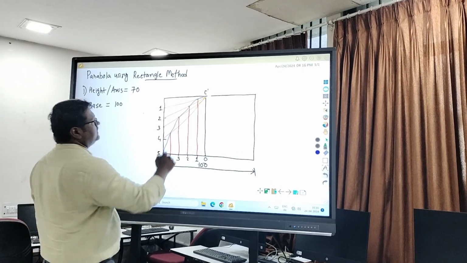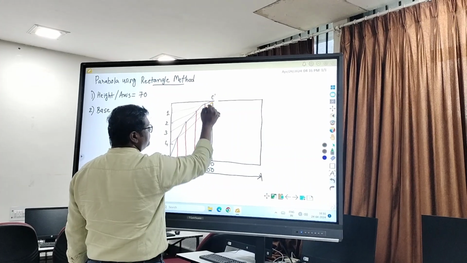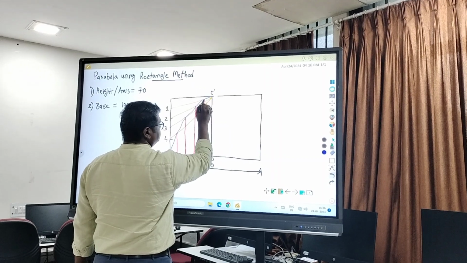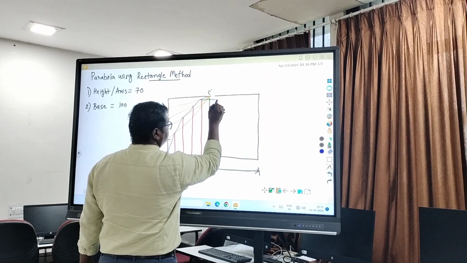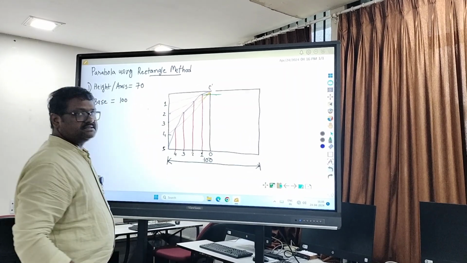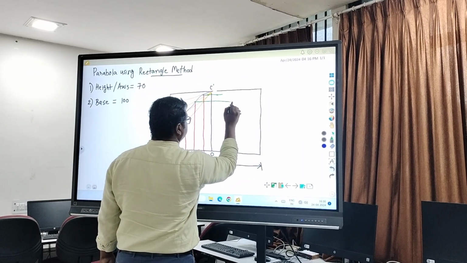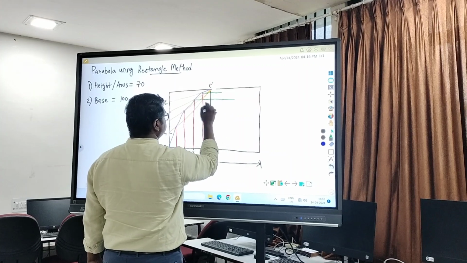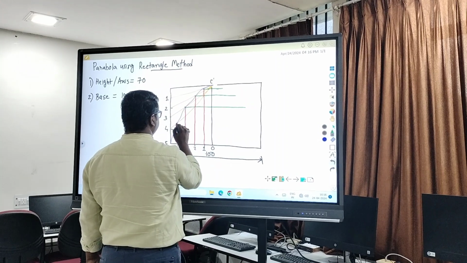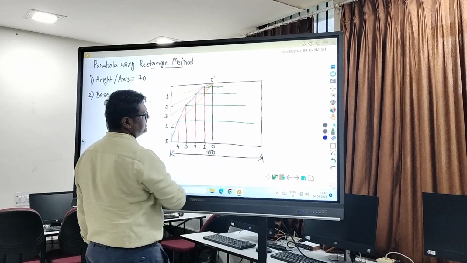This horizontal line should be at a similar distance from the axis OO dash. So if I draw the horizontal line from this first point, it should be at a similar distance from the axis. Similarly from point 2, the similar distance, point 3, the similar distance, and point 4, again at a similar distance from the axis.